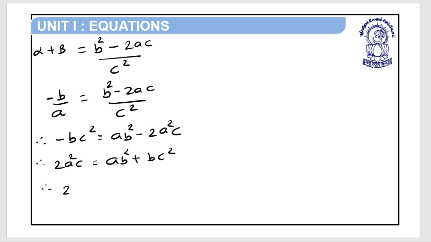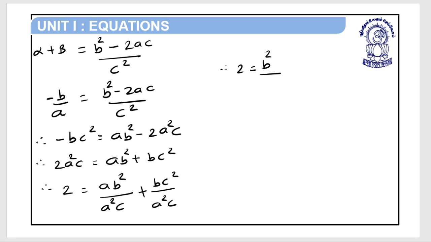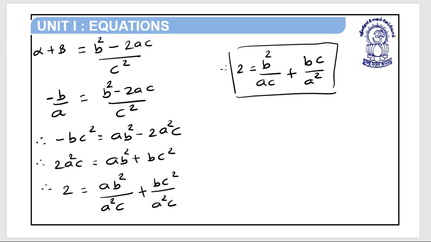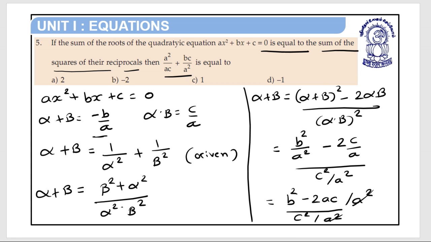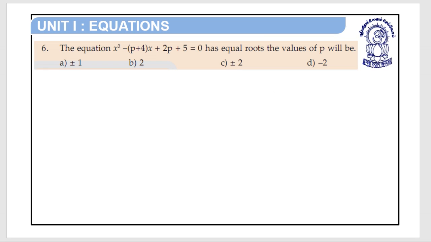So 2 is equal to ab square by a square c plus bc square by a square c. So 2 is equal to, here a cancels, so b square by ac plus, c cancels, bc upon a square. So the answer is 2. Now next question.